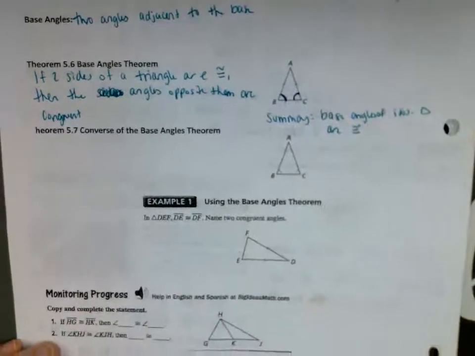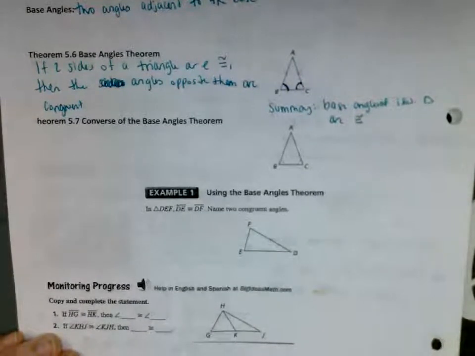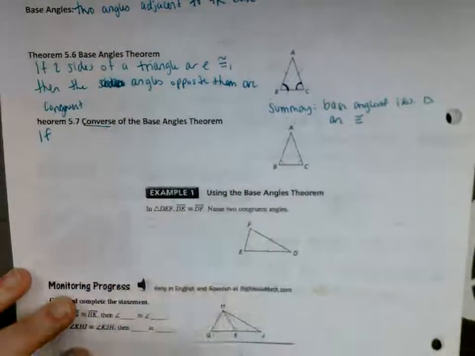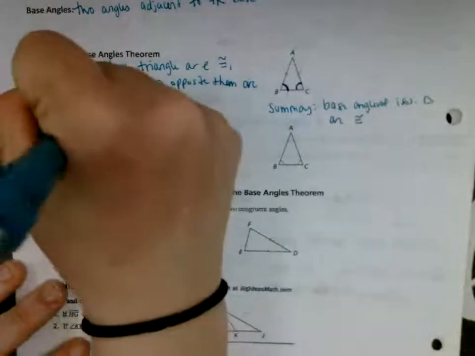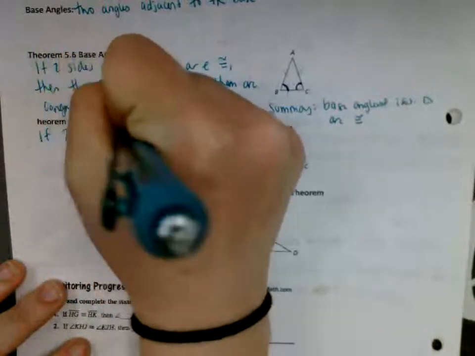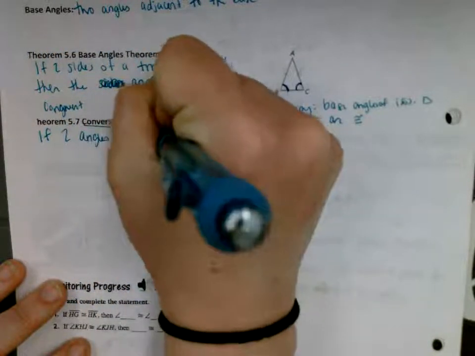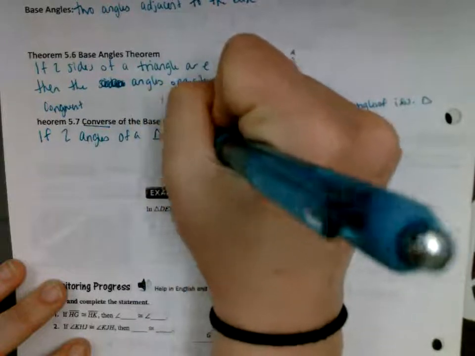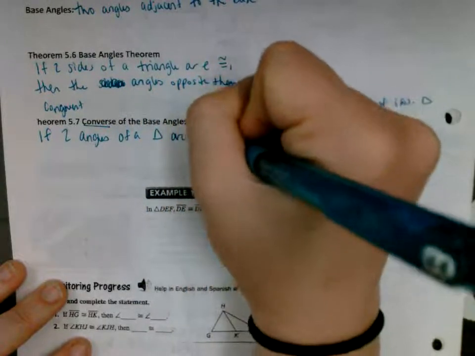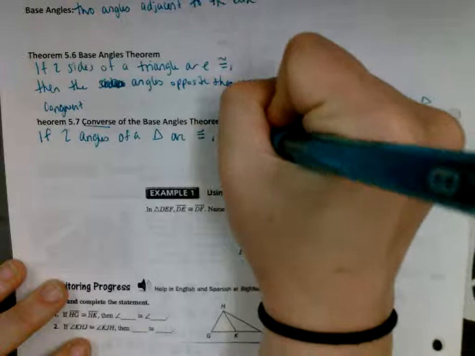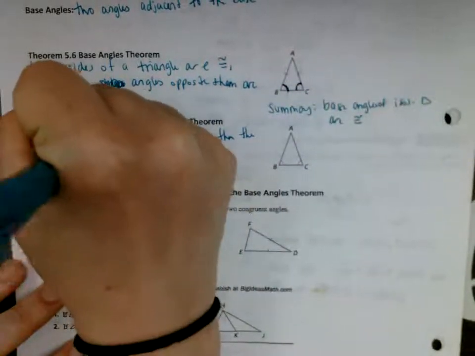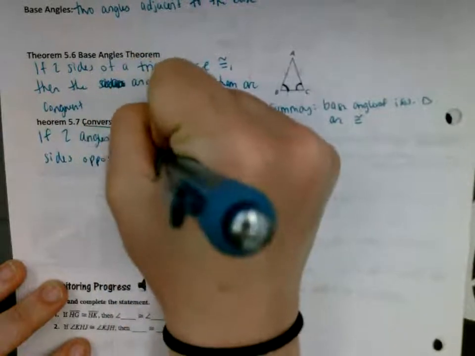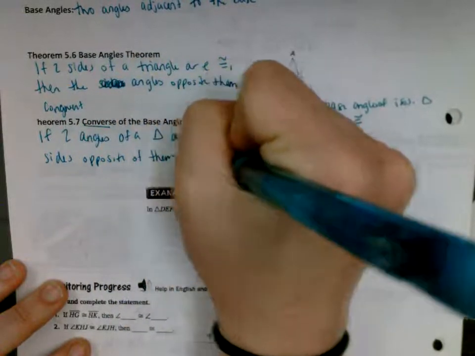Okay, then in theorem 5.7, we have the kind of going the opposite since it's the converse. If we remember, it's going to go in the opposite way. If two angles of a triangle are congruent, then the sides opposite of them are congruent.